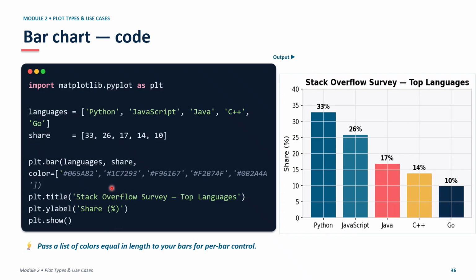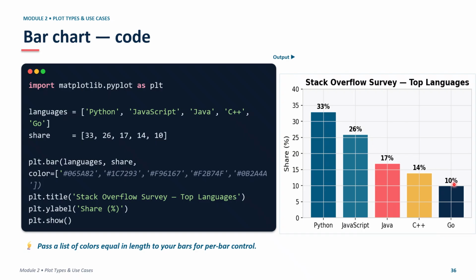Let us break this down: languages is going to be my x-axis, and the share percentage is going to be the y-axis value. Let us give the plot title. The title is going to be Stack Overflow Survey of the top languages, and let us give the y label. And with the plt.show method, you'll be able to get this plot.